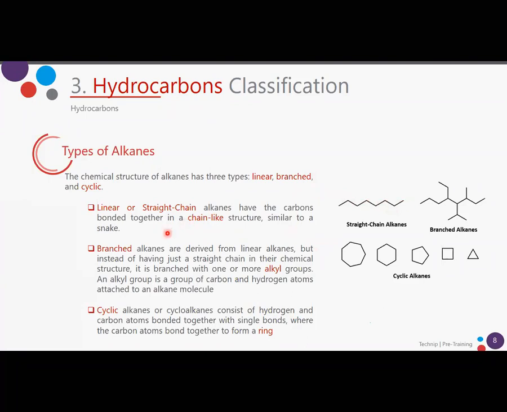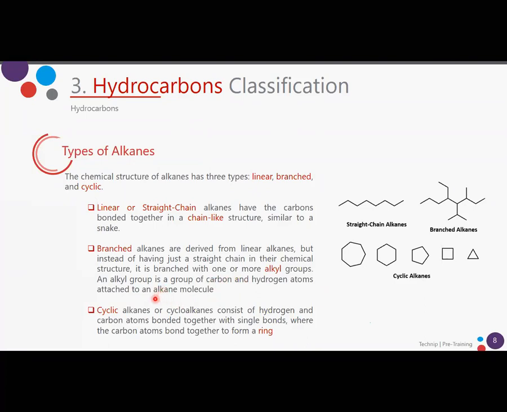We have the branched alkanes, derived from linear alkanes, but instead of having just a straight chain in their chemical structure, it is branched with one or more alkyl groups. We will see later what the alkyl group is: a group of carbon and hydrogen attached to an alkane molecule. We will see the naming of these alkyl groups.